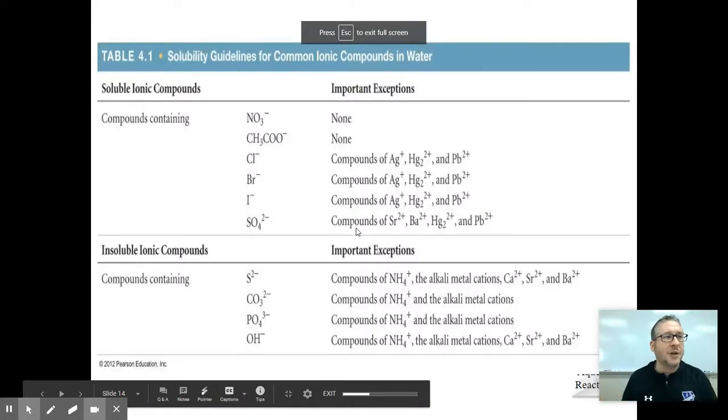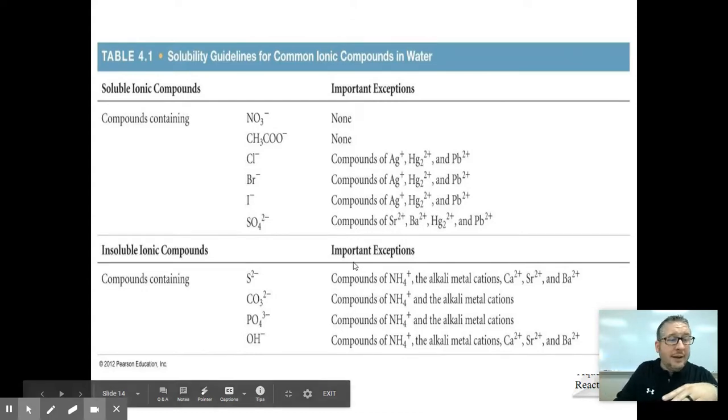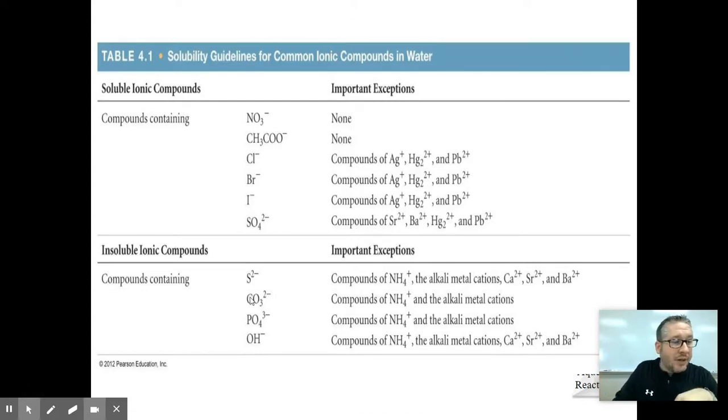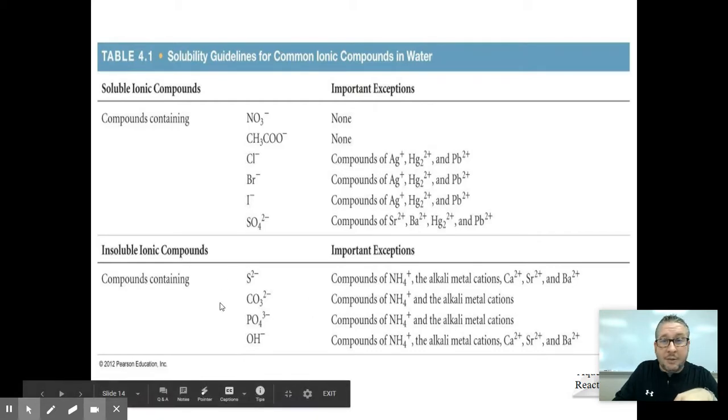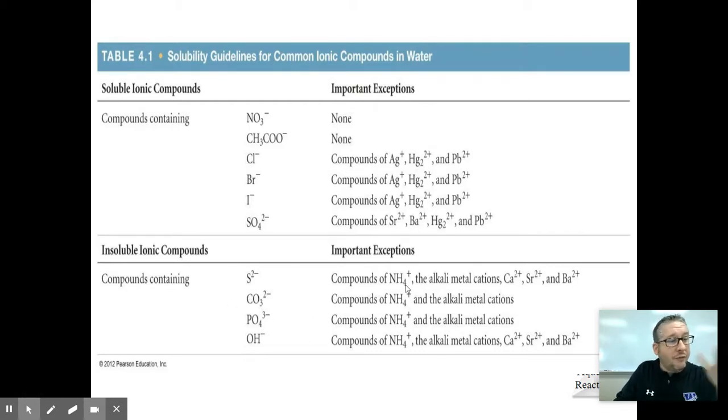Anyway, we're back at the solubility guidelines here. Again, before we got interrupted, we saw that down here at the bottom, if we have sulfide anions combining with ammonium, any alkali metals from group 1, or those from group 2 like calcium, strontium, and barium, if sulfide is combined with any of these types of cations, it becomes soluble.